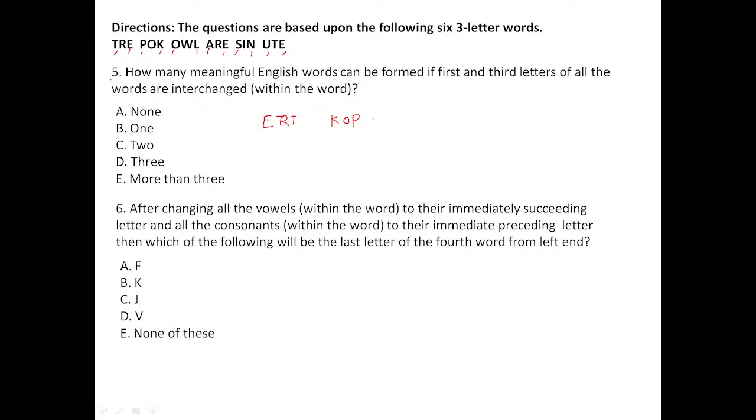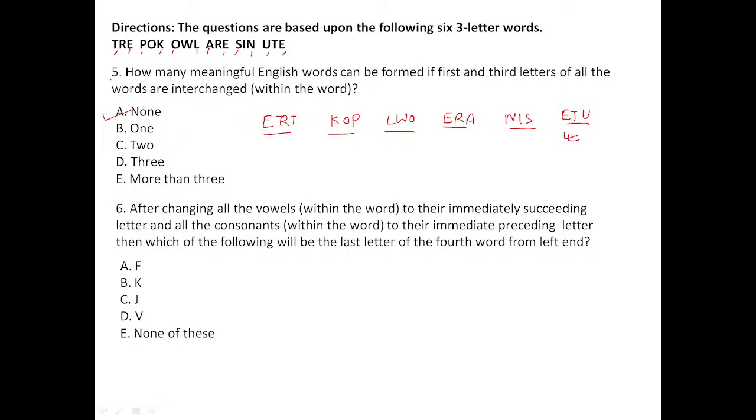K O P L W O E R A N I S E T U. None of the given 6 words has any meaningful form here. ERT, KOP, LWO, ERA, NIS, ETU do not seem logical to be meaningful words. So our answer here is option A, none. Not even a single meaningful word can be formed.